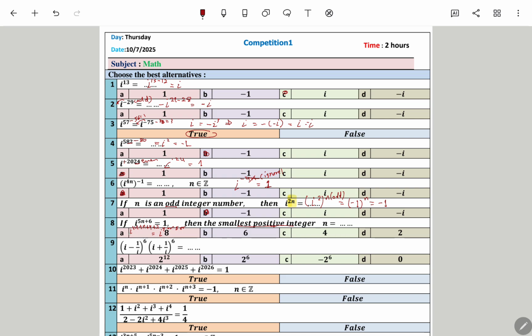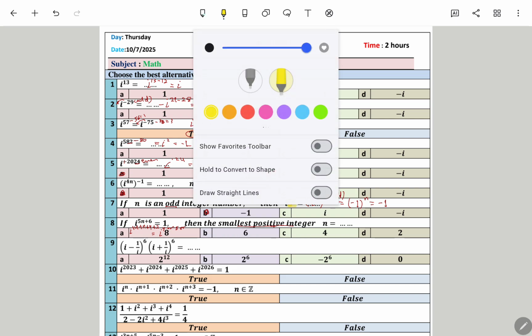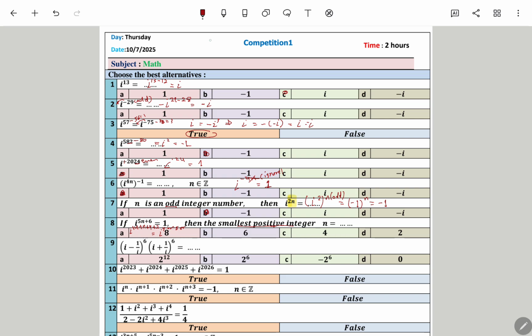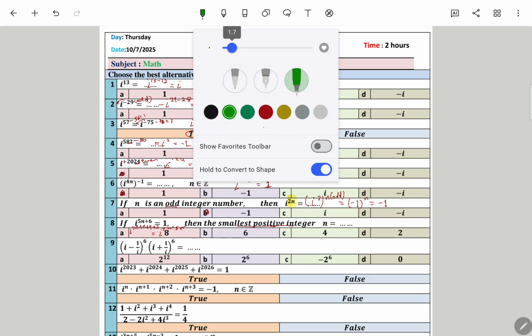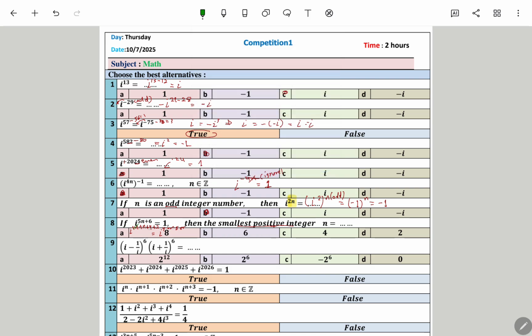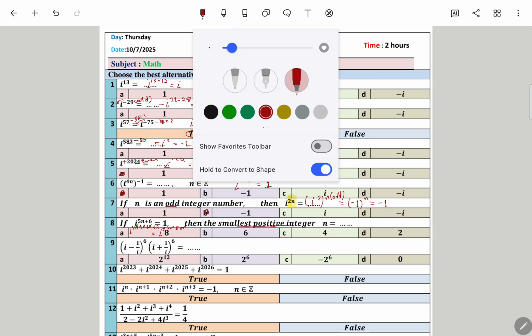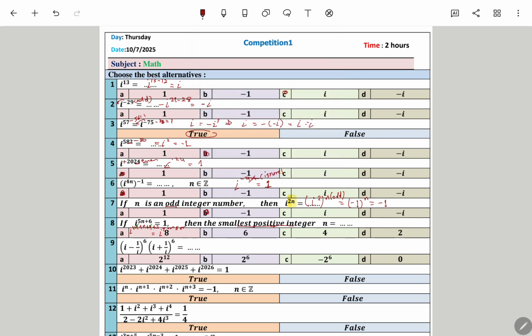Now, anything to the power of 4, I can cancel it. Why? Because it can give you 1 easily, like this. This 4n cancelled and this 4n cancelled, and you can now write what is left, which is i to the power of n plus 2 equals i to the power of 4.